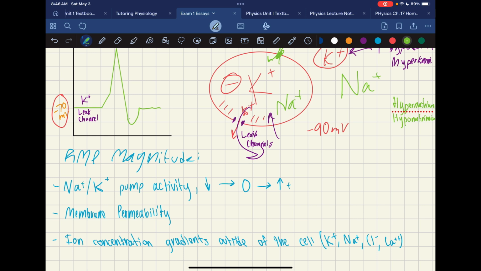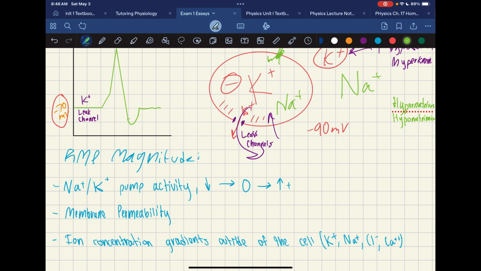And then vice versa, with hypo, it's going to cause sodium to leave the cell. But it doesn't play a huge role. So that is just something we don't really talk about in regards to the RMP.